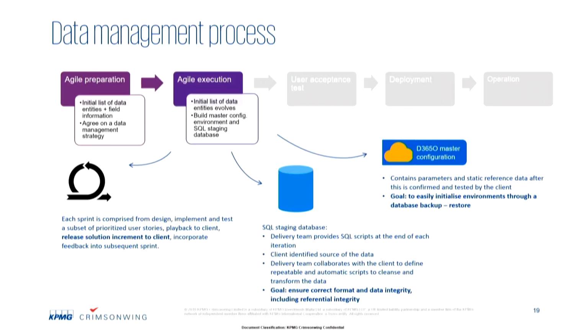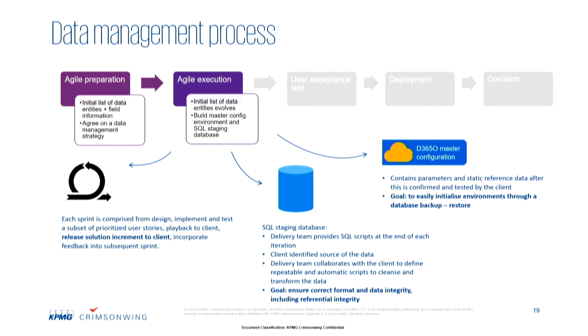And the customer will have the responsibility to identify the source of the data. The customer, together with the delivery team, is going to collaborate to define repeatable and automatic scripts to cleanse the data and to transform the data into a format that is expected by Dynamics. The goal of this database is to ensure integrity of the data, including referential integrity.